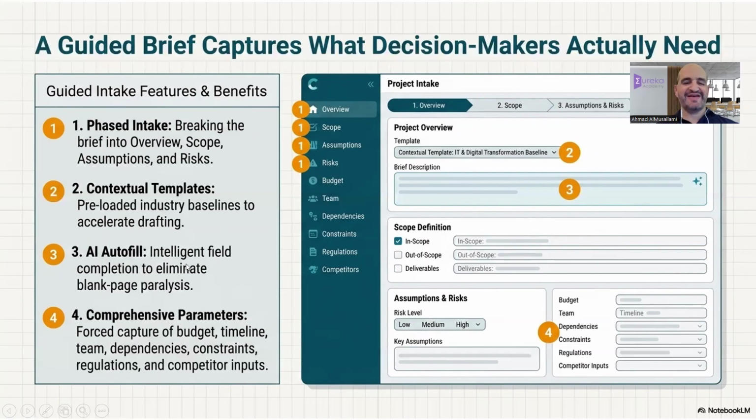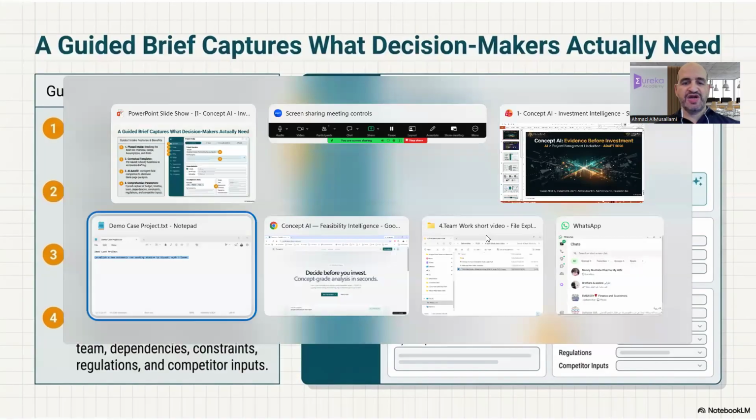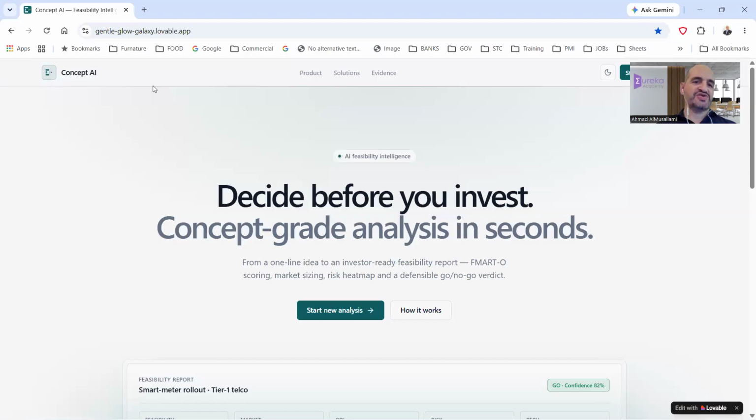There's an autofill feature that AI will help us with. You just write the outline of your idea, and the AI will help you with it. And also, it uses multiple and comprehensive parameters. So let's go there and switch to the tool to keep it short.